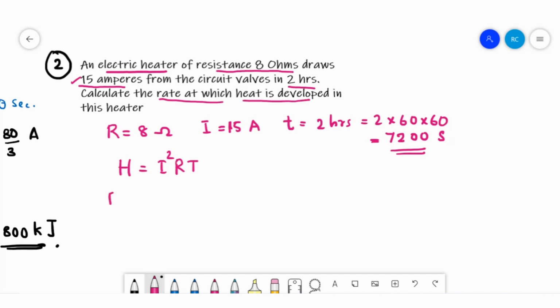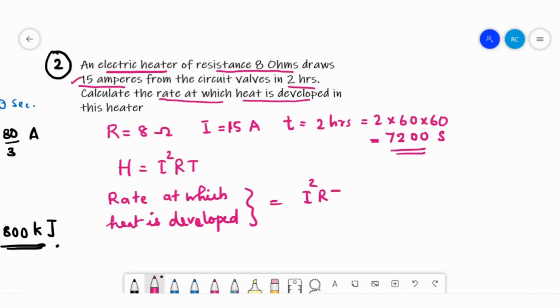But we need to calculate the rate at which heat is developed, so this expression I squared RT you have to divide by the time, T. I squared RT divided by T. So you will get the rate at which the heat is developed.